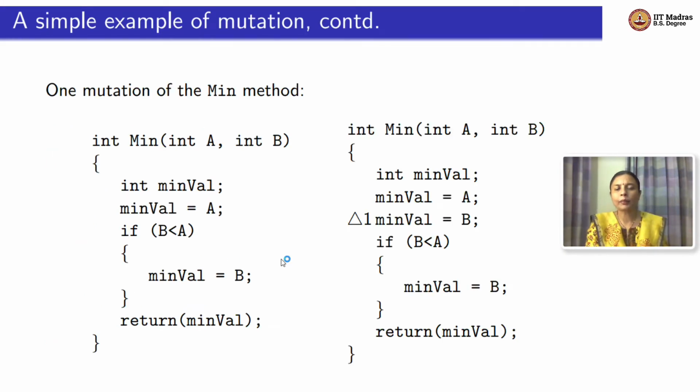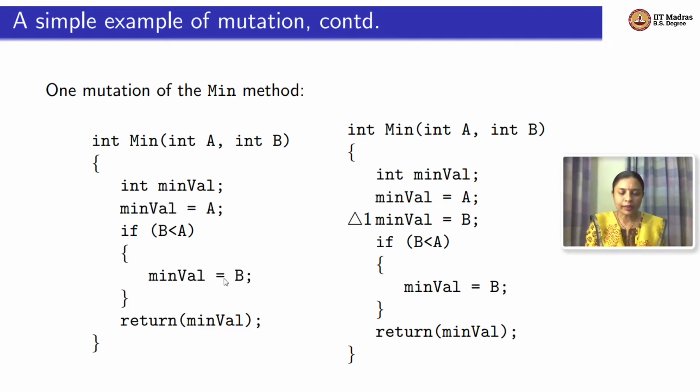The change that I'm going to make is given on the right hand side. This is a copy of the same program that we had on the left hand side, but there is one extra line here, delta 1. It's the same copy. Delta 1, read it as: instead of minval equal to a, consider the changed statement, that is, minval equal to b.